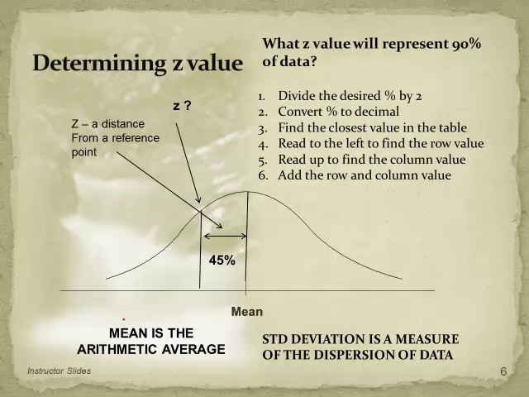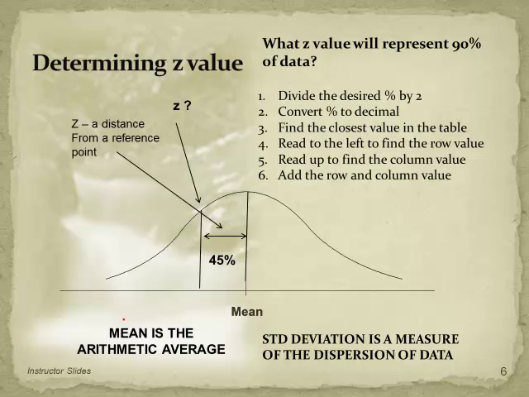Now, we're going to take the tables that will be provided to you, and there will be rows and columns in the table, and we're going to find the closest value in the table, the closest one to our decimal, 0.450. And once we've done that, then we can read over to the left-hand side, which is the row, and pick up the z-value for that row entry. Read up to the top of the table, and we have another z-value, which is the column z-value.